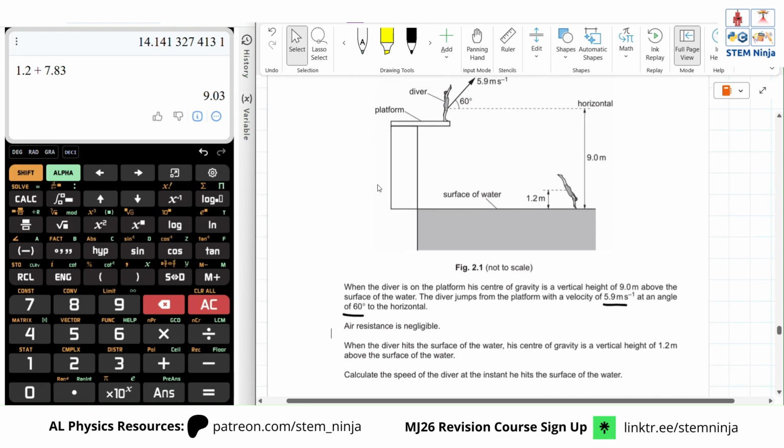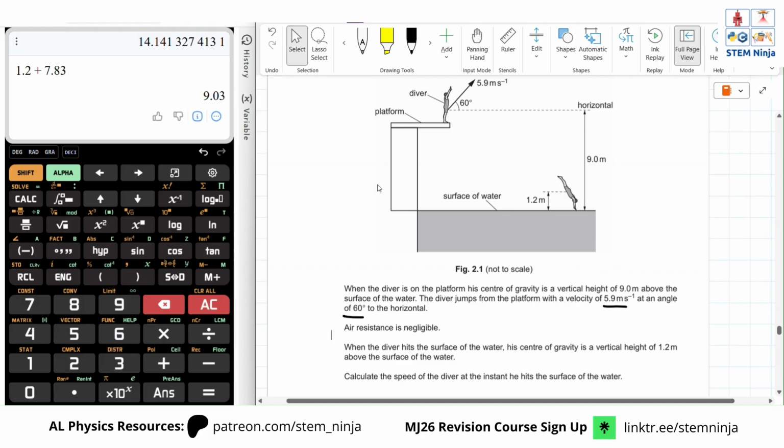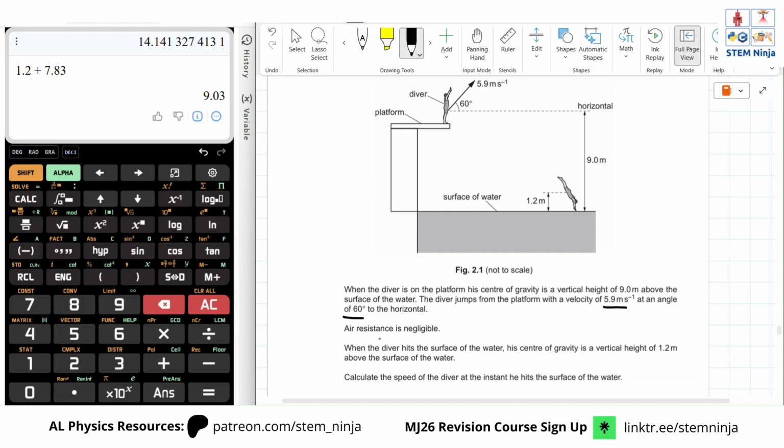When the diver hits the surface of the water, his center of gravity is at a vertical height of 1.2 meters above the surface of the water. Calculate the speed of the diver at the instant he hits the surface of the water. Okay. So basically, we need to figure out what's the displacement the center of gravity covered.